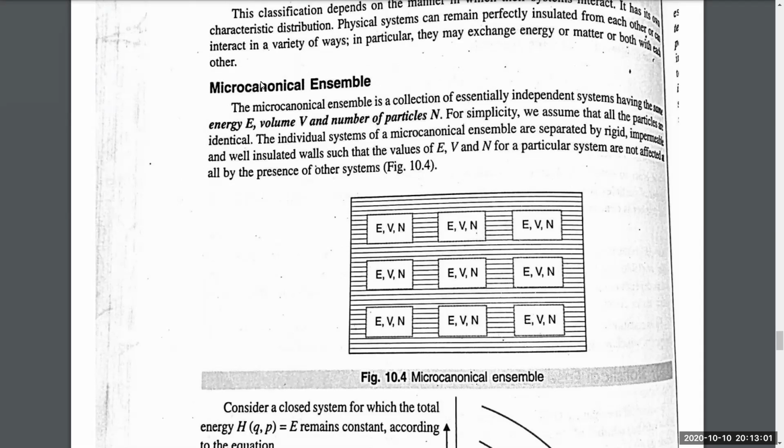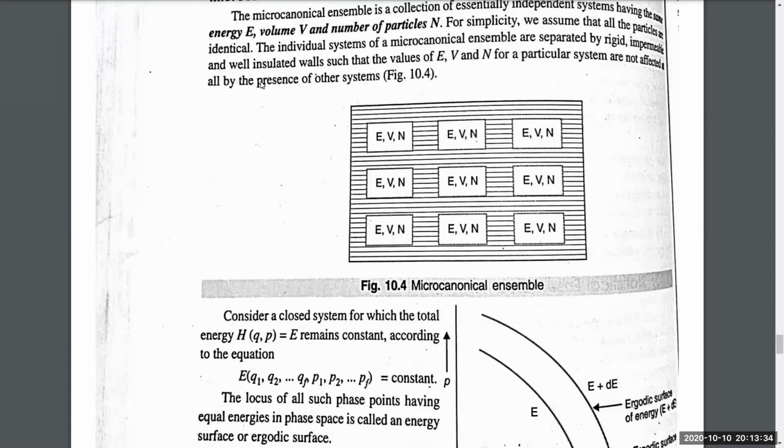This lining that we see in the box is inert material, ensuring that the boxes within will not interact. Definitely, these are all separated by adiabatic walls, because they won't allow any energy change or any matter change, nothing.